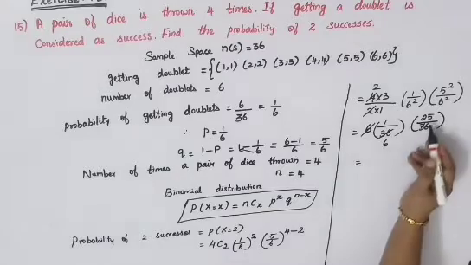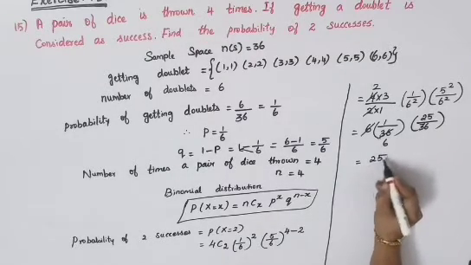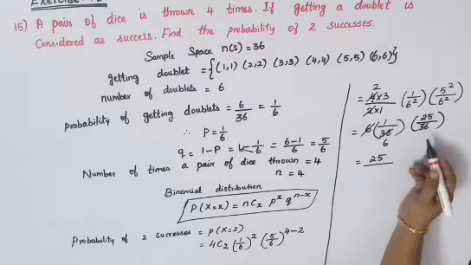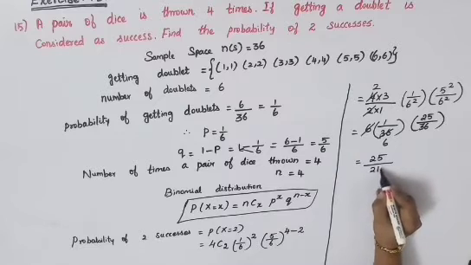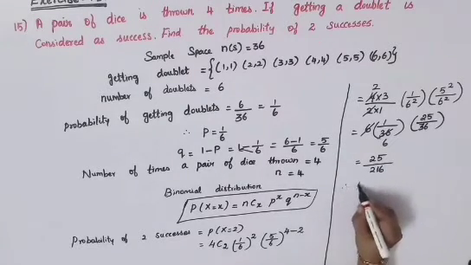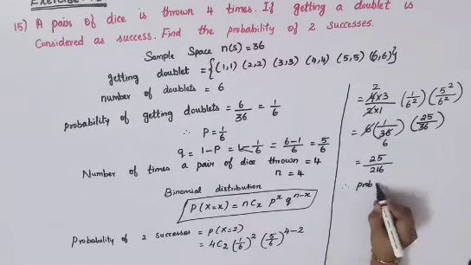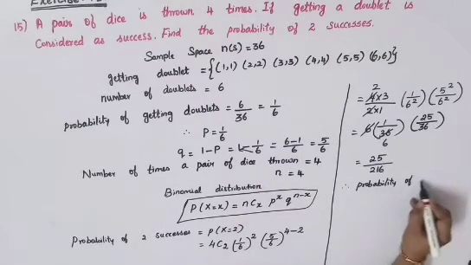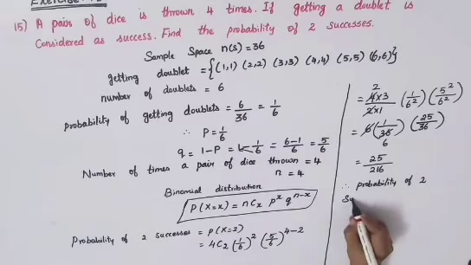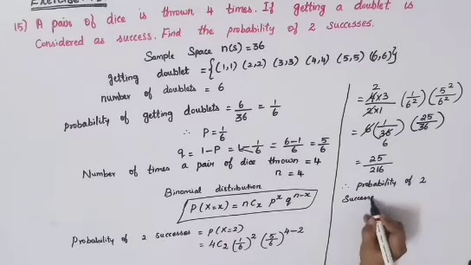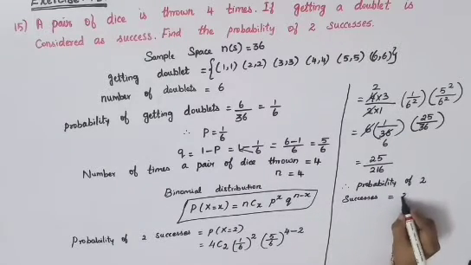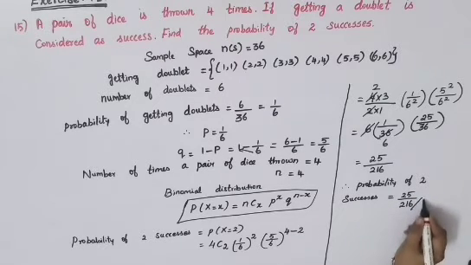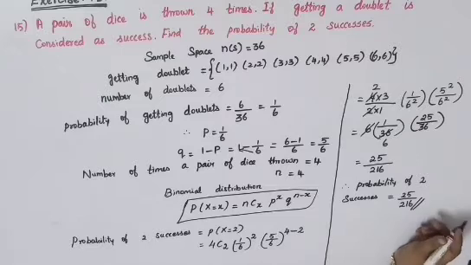So the final answer will be 25 divided by 6 into 36, you will get 216. Therefore, the probability of 2 successes is equal to 25 divided by 216. This is the answer for your 15th question.